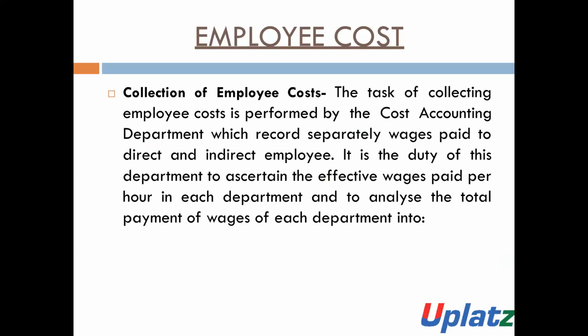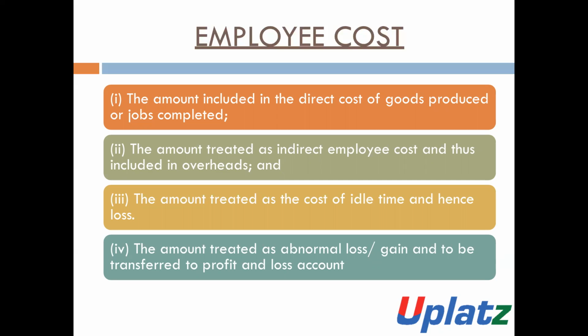The department analyzes the total payment of wages of each department into the amount included in the direct cost of goods produced or the job completed, and the amount which is treated as indirect employee cost and thus included in overhead.